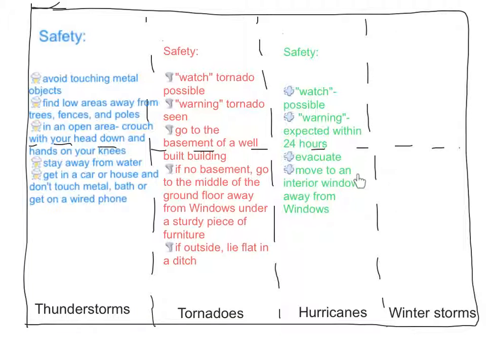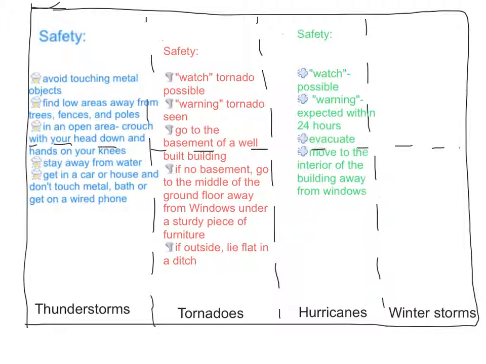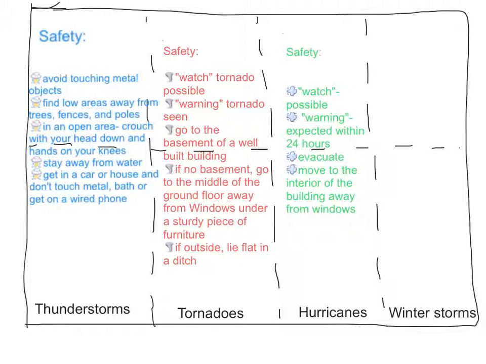If not, move to an interior room away from windows, or the interior of a building. So I'm going to rewrite this one so that it's worded better. Okay, so you should see that worded correctly now. Move to the interior of the building away from windows. And that's what we need to do in the case of a hurricane.